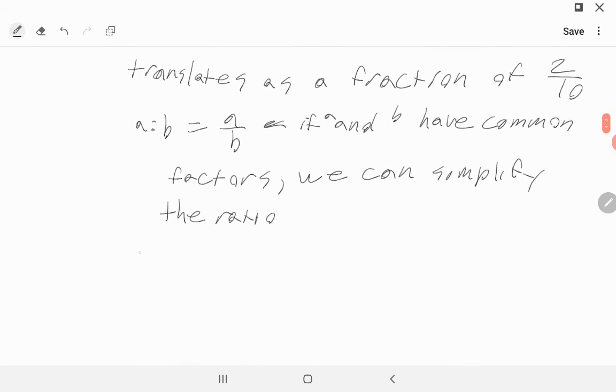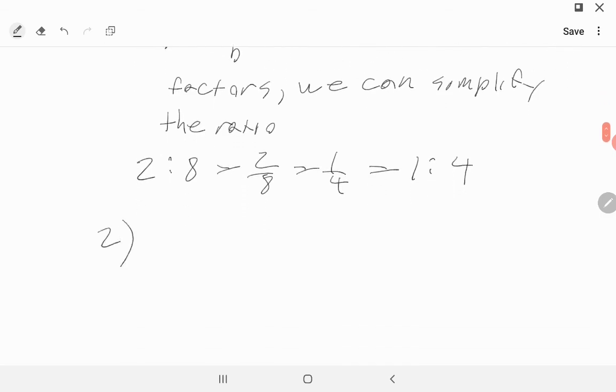For example, the ratio of 2 to 8, so 2 people to 8 people, we can write as 2/8, simplify as 1/4, and rewrite as a ratio of 1 to 4. So the ratio of 2 to 8 is the same thing as the ratio of 1 to 4.